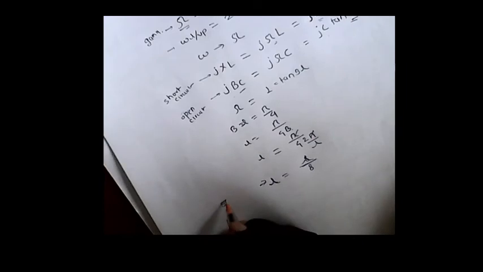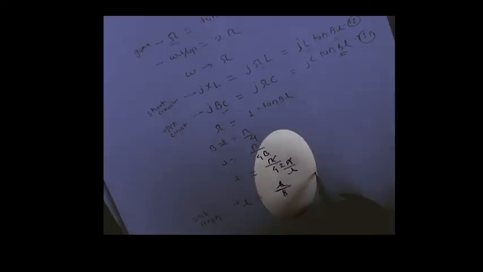This gives the stub length: l = λ/8, where λ is the wavelength of the line at the cutoff frequency ωc.